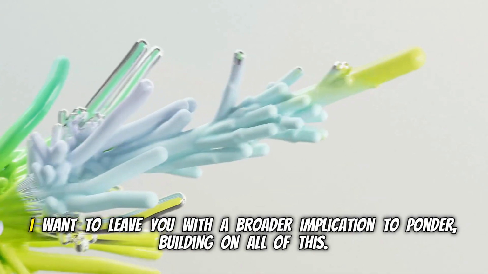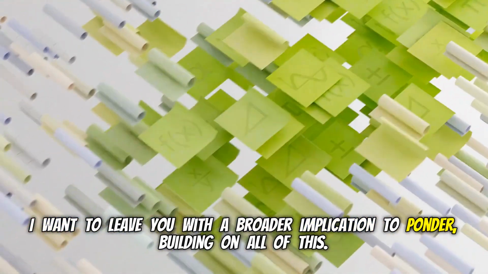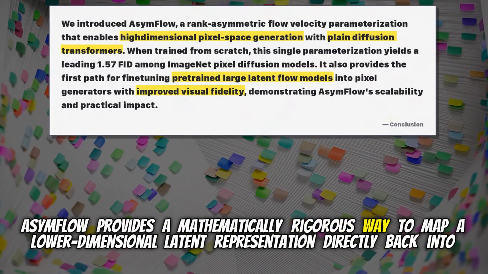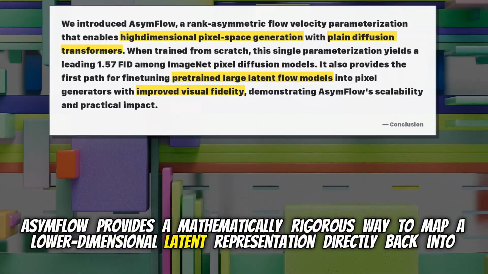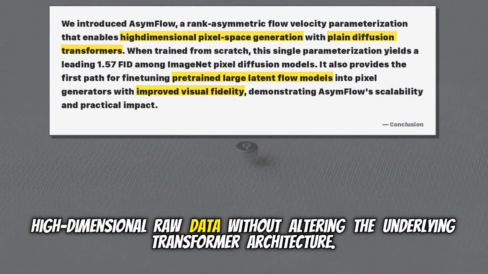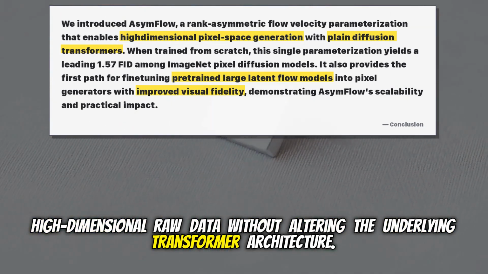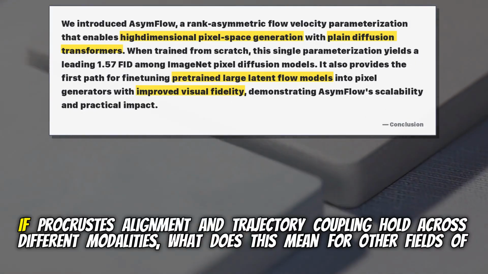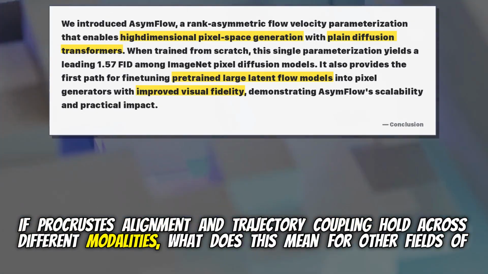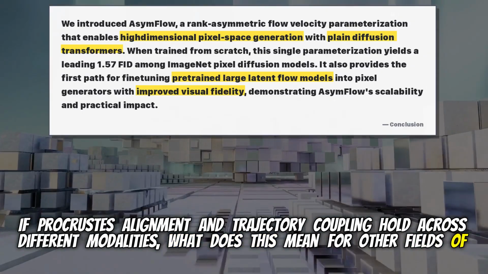Definitely. I want to leave you with a broader implication to ponder. Building on all of this, AsymFlow provides a mathematically rigorous way to map a lower dimensional latent representation directly back into high dimensional raw data without altering the underlying transformer architecture. Right. If Procrustes alignment and trajectory coupling hold across different modalities, what does this mean for other fields of machine learning?